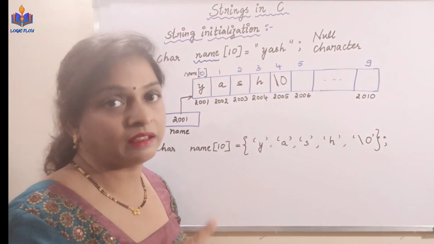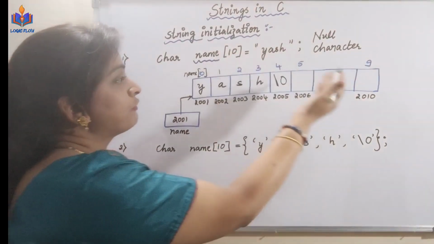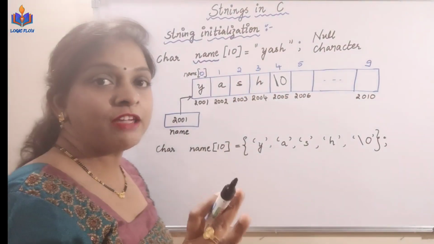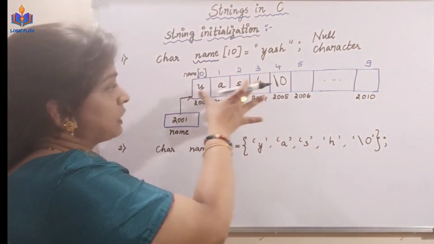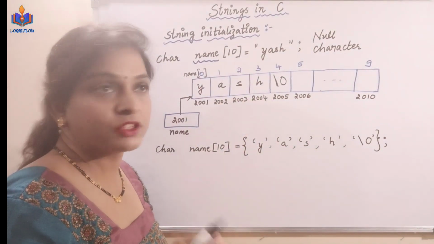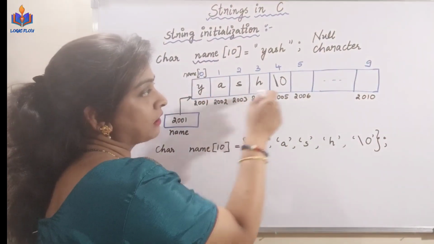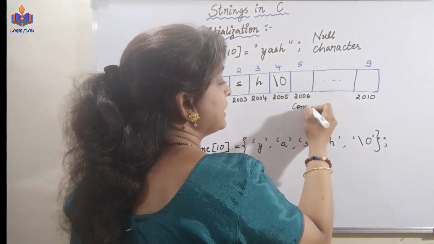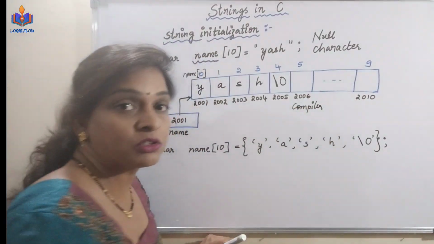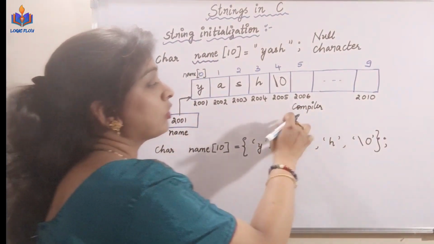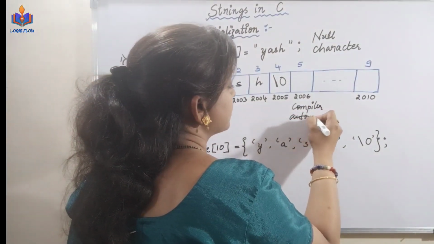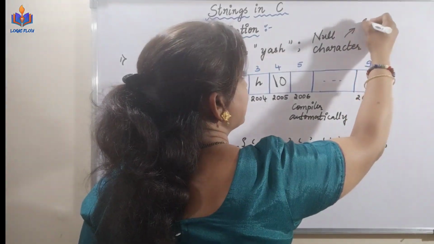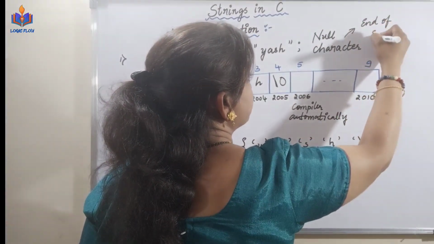Here I have maximum size 10, so it is 4 plus 1, 5 characters allocated in the memory. The compiler automatically appends the null character. We need not store it.